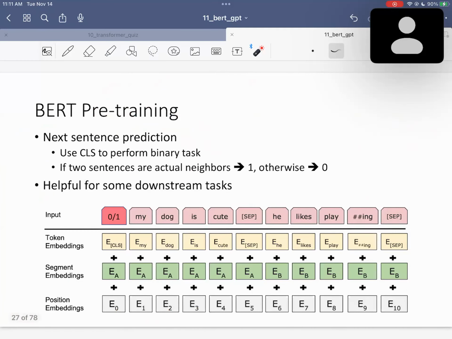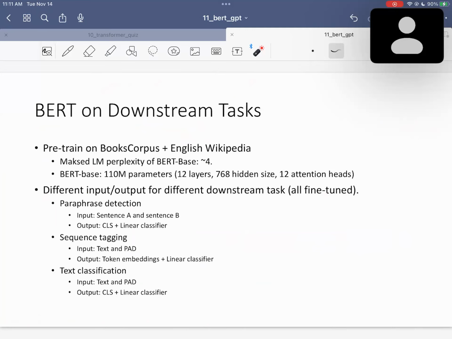Okay, cool. Right, so different input and output. As I said, in BERT you don't use downstream specific architecture, but you do use the CLS token and the individual tokens, depending on what kind of task you do.